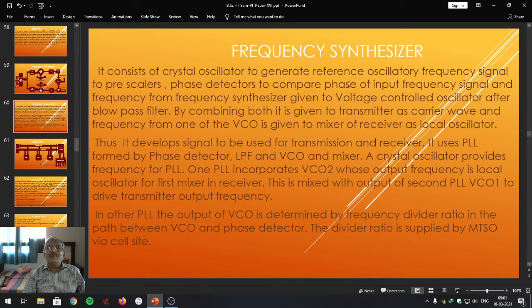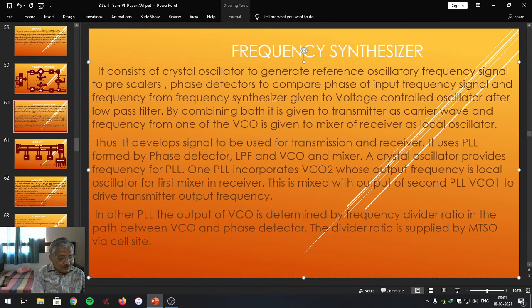Phase detectors compare the phase of input frequency signal and the frequency from the frequency synthesizer, given to voltage controlled oscillator after low pass filter. By combining both, it is given to transmitter as a carrier wave, and frequency from one of the VCO is given to the mixer of the receiver so that it is going to act as the local oscillator.